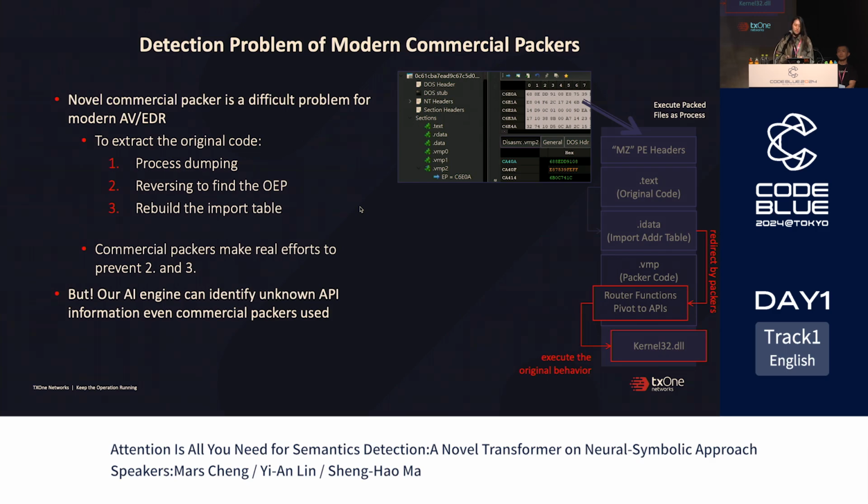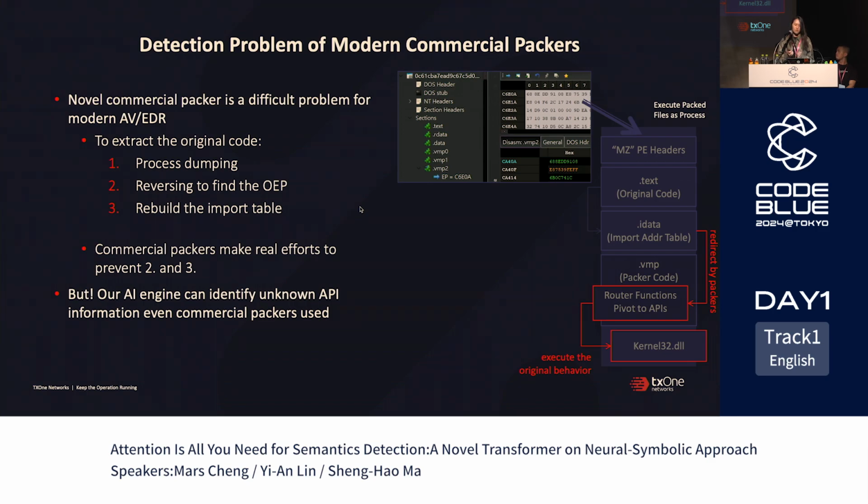For commercial packers, it is difficult for modern antivirus or EDR solutions to extract the pure protected code for detection. If we try to extract the original code, as human experts doing reverse engineering, we usually use the following strategies.